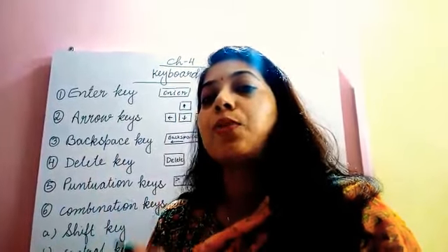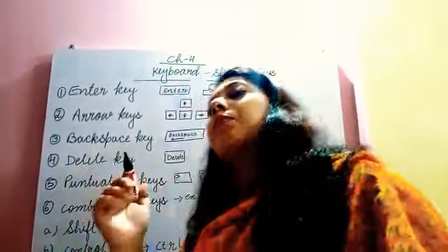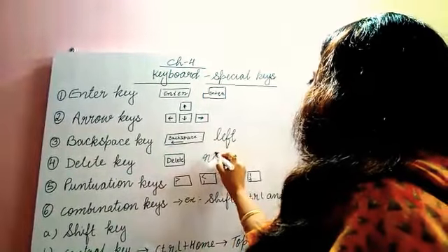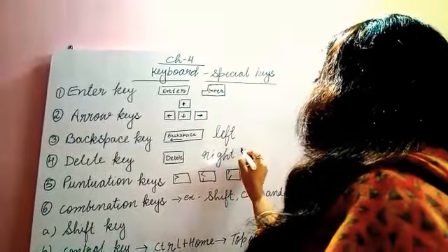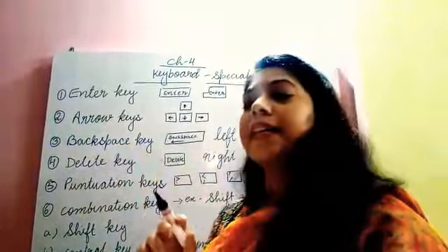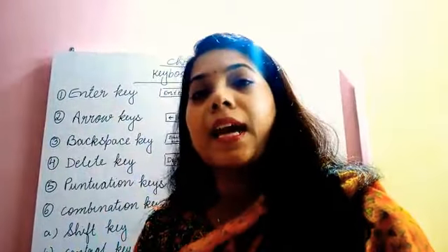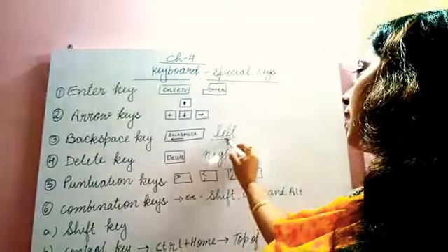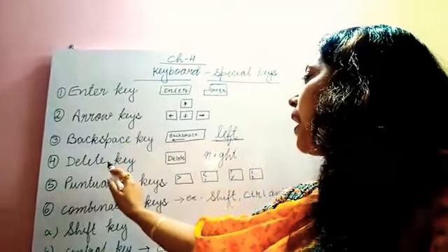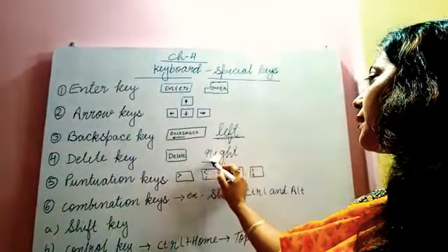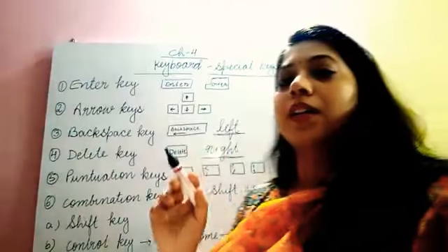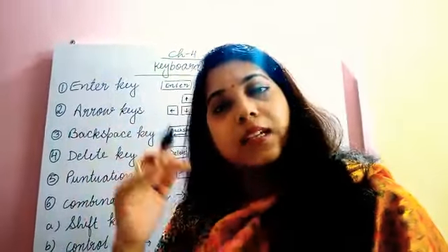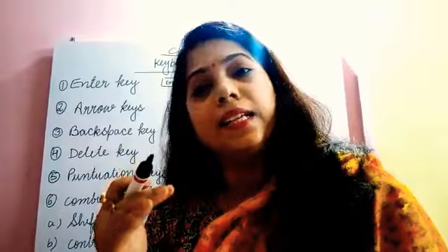The delete key helps us to erase the letter on the right side of the cursor. So what is the difference between the backspace key and the delete key? The backspace key erases the letter on the left side of the cursor, and the delete key erases the letter on the right side of the cursor. This is the difference between them.